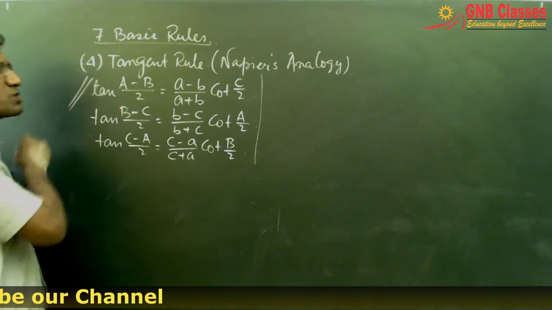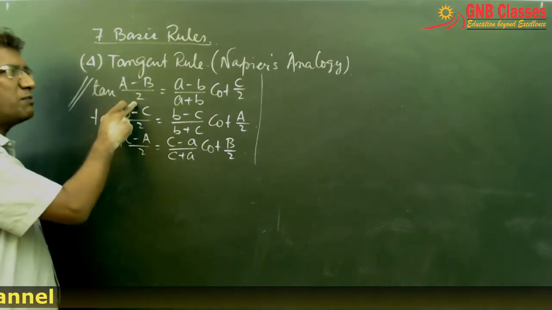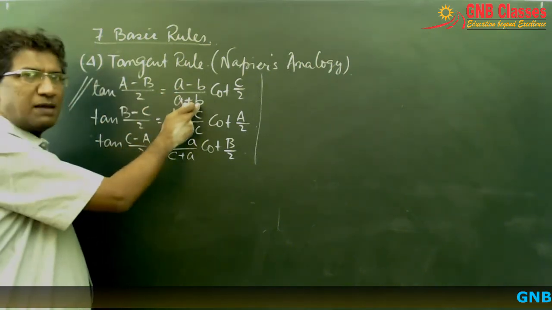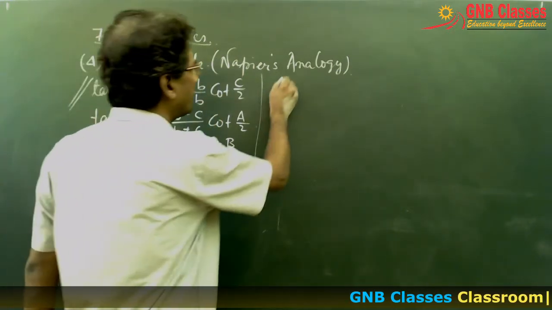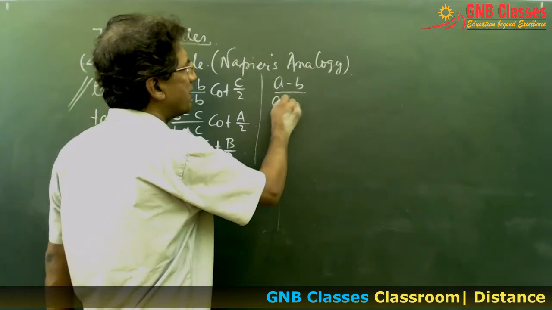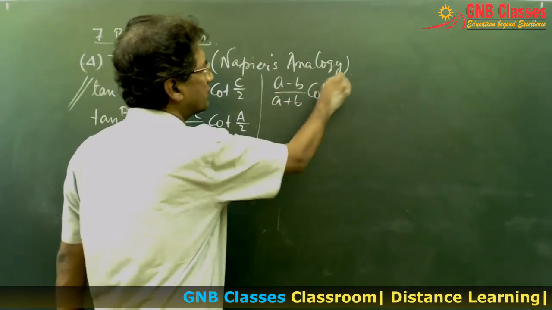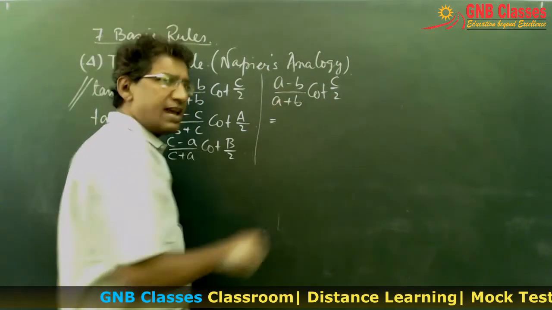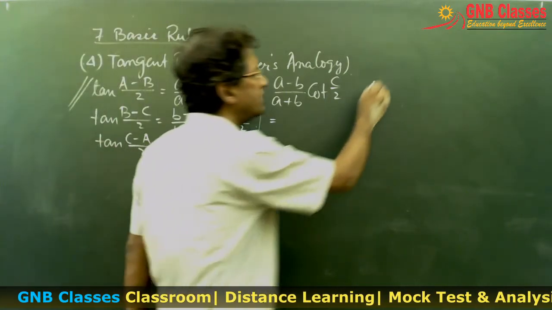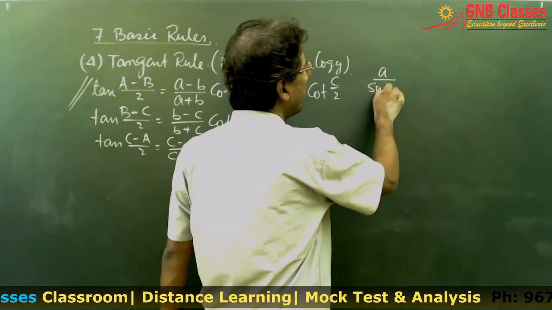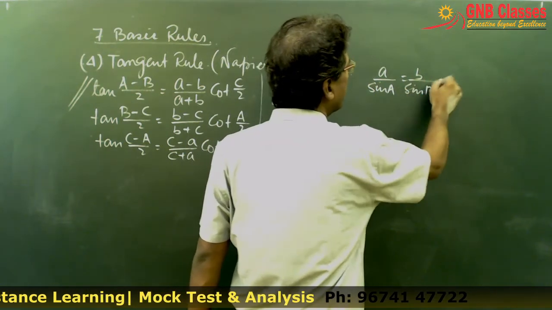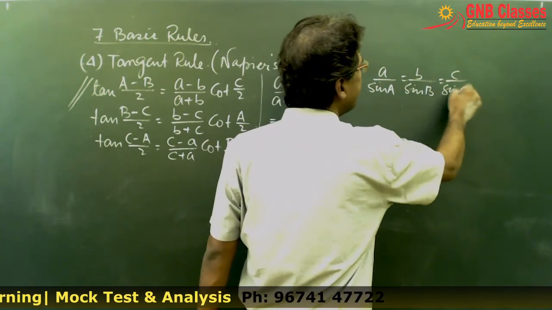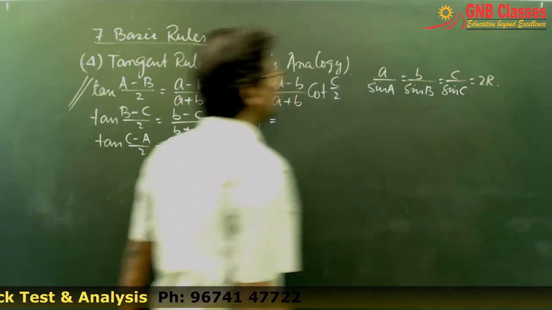Now let me just prove the first one. Tan (A minus B)/2 is nothing but (A minus B)/(A plus B) cot C/2. I am starting from the right hand side. What is A? From the sine rule, A by sine A equals B by sine B equals C by sine C equals 2R.